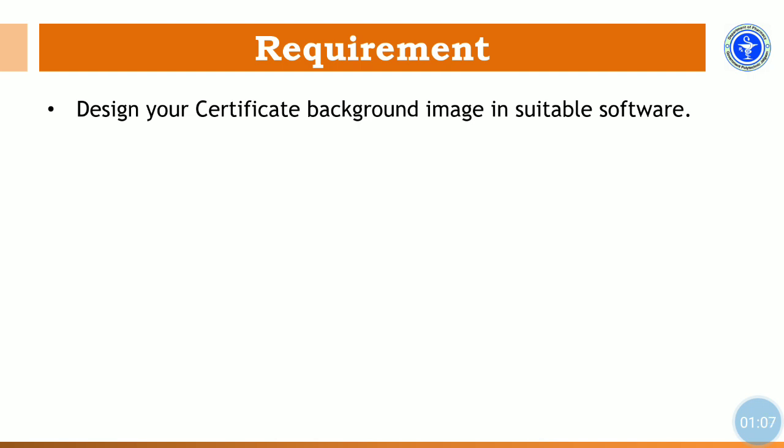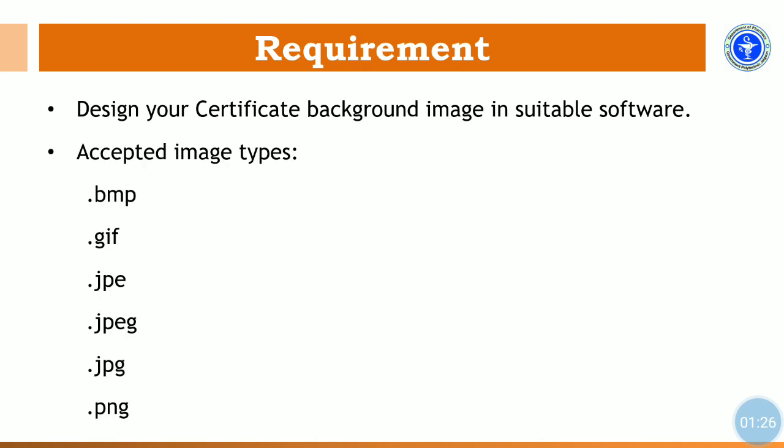So, there are a few requirements before creating certificates in a Gnomio Moodle course. Firstly, you have to design a certificate background image in suitable software, for example PowerPoint presentation, CorelDRAW, Paint, etc. The image types accepted by Gnomio Moodle are BMP, GIF, JPEG, JPG, PNG, etc. The accepted image types list is given in the simple certificate activity in Moodle also.